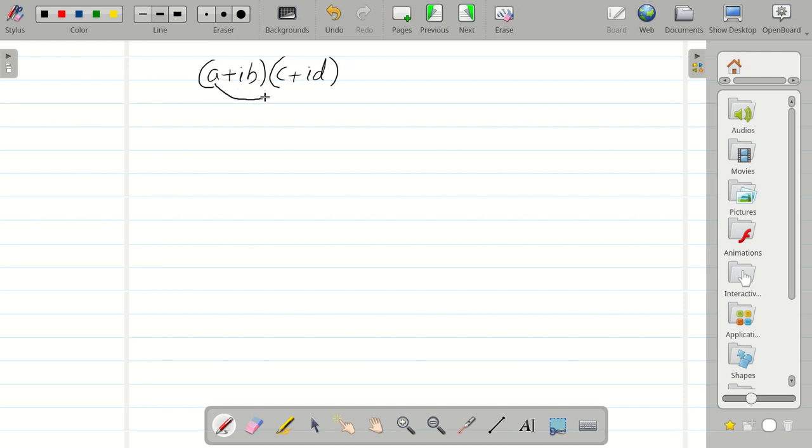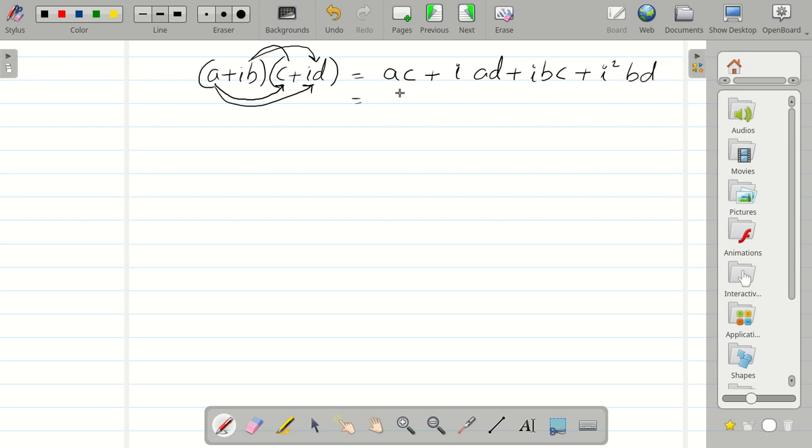So I have to combine a and c, so I end up with a into c, and then I combine these two, so I get iad, and then ibc, plus, now what's the last one, i square and then b into d.